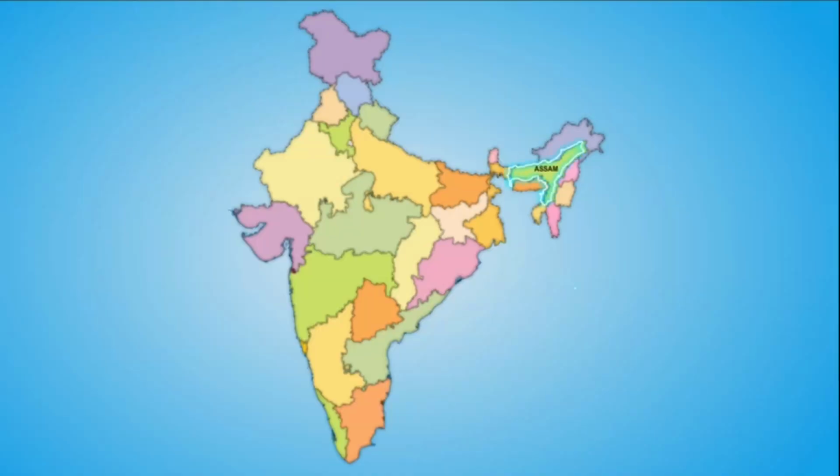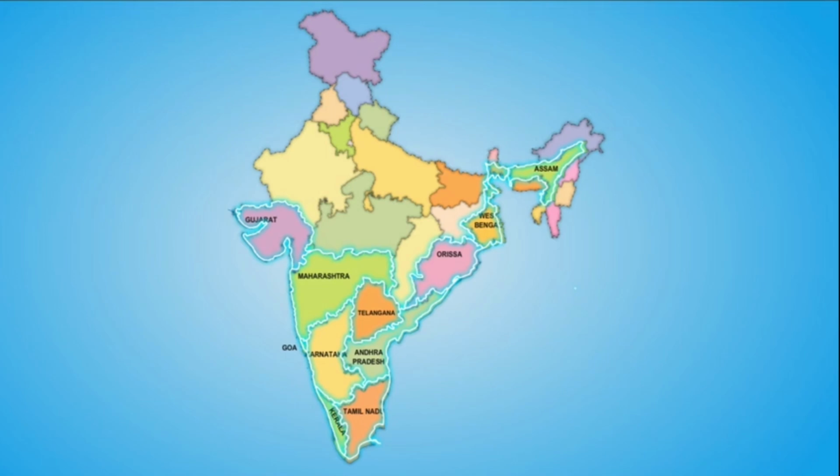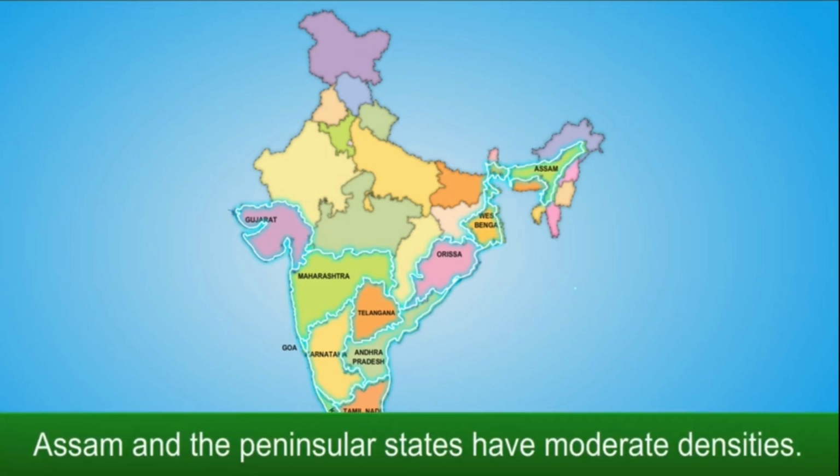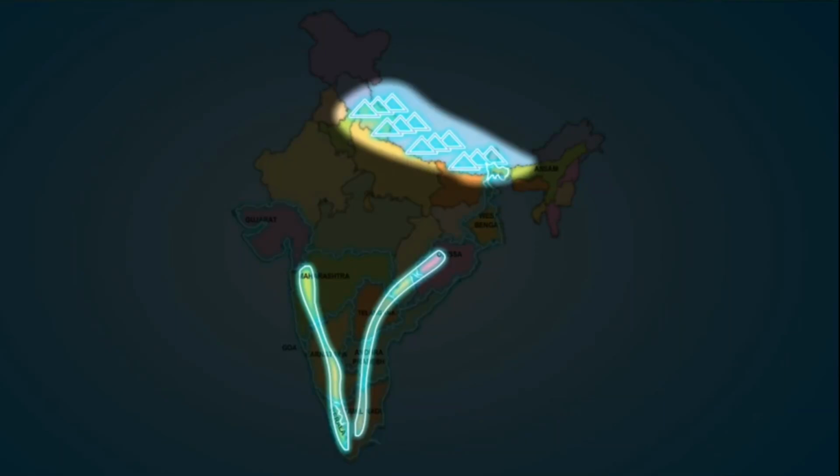Assam and most of the peninsula states have moderate population densities. These regions are characterized by hilly, dissected and rocky terrain. In addition, moderate to low rainfall and less fertile soils have also influenced the population density in these areas.